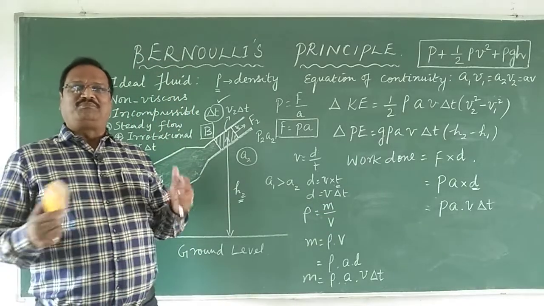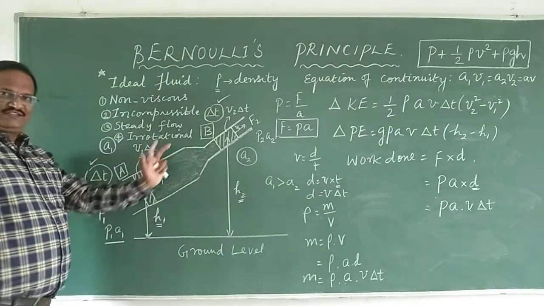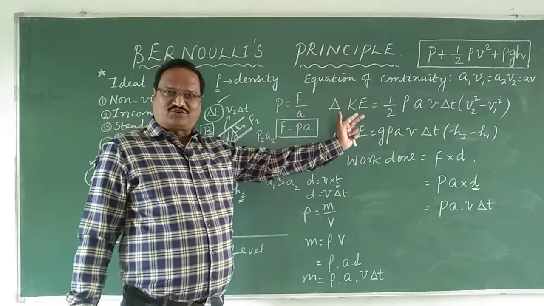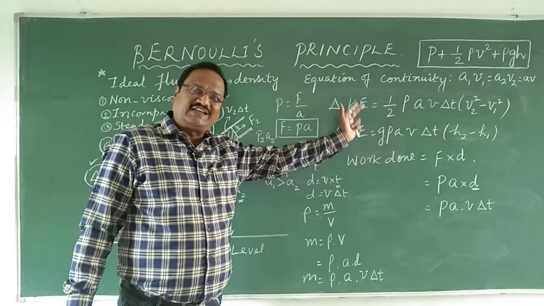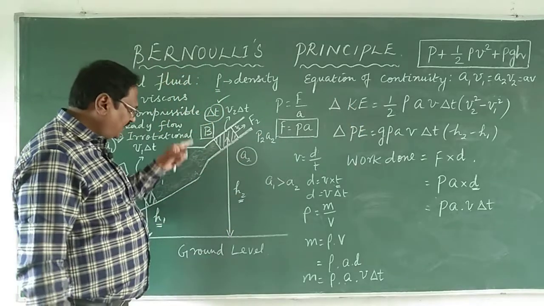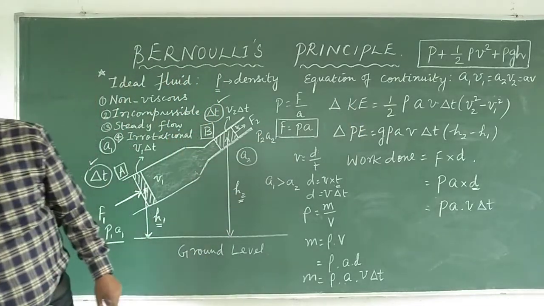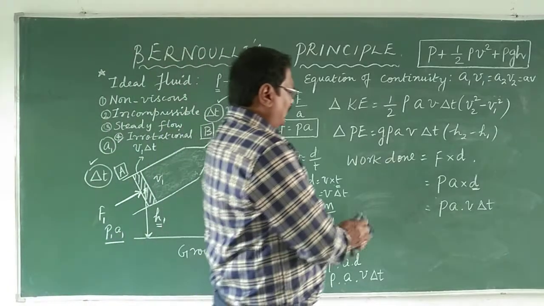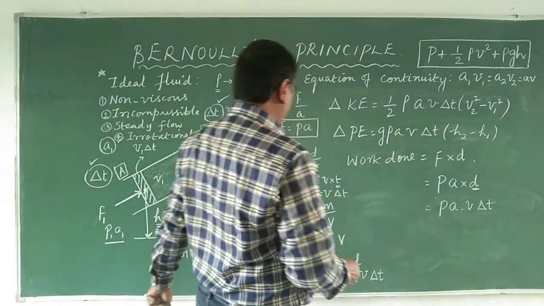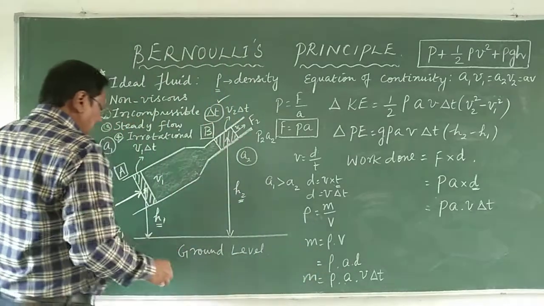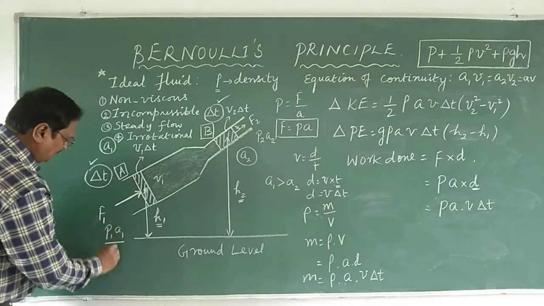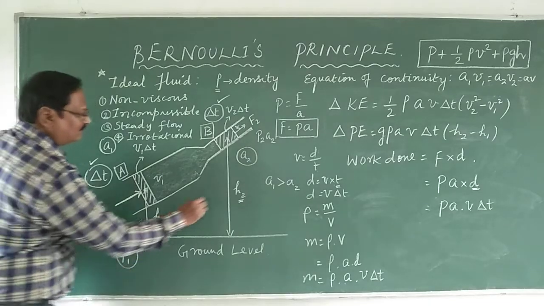Now, we need to compare the work done and equal to change in potential energy and kinetic energy. I hope now I can erase this part of it. I want to tell you a point here. Before erasing this, there are 2 points. Pressure 1 is here and pressure 2 is here.